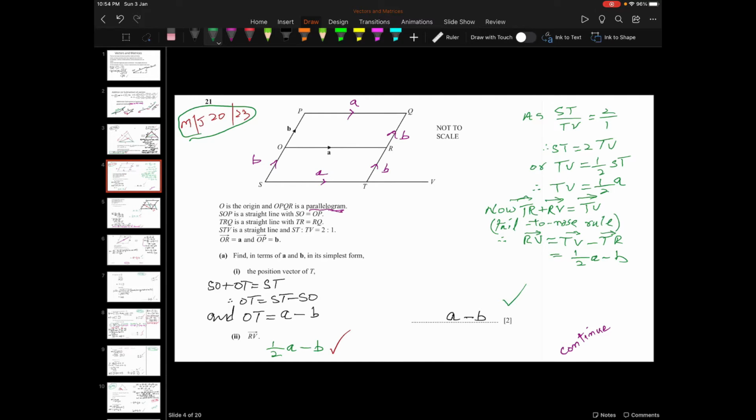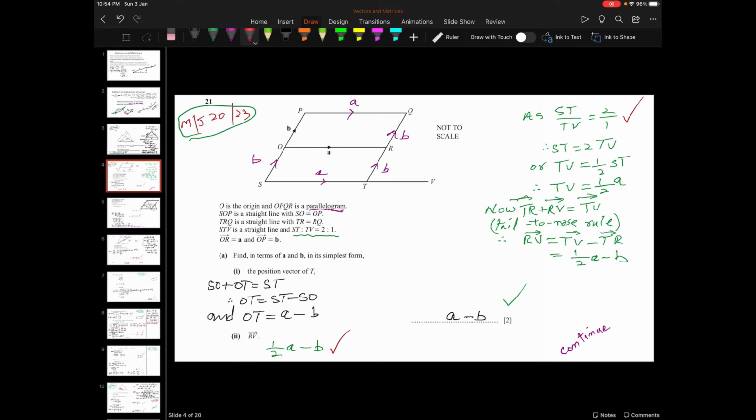How do we get this ST is equal to 2TV? Because it is given ST ratio TV is equal to 2:1. This we can write as ST upon TV is equal to 2 upon 1.